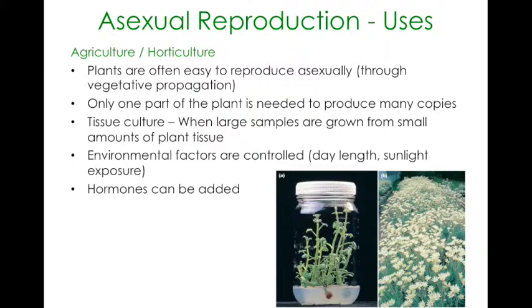So this is actually a tissue culture of a particular flower. They put a portion of it into a jar, and it's grown in this agar gel, and so the plant stays alive, so long as it receives the nutrients it needs. This is a backup of whatever that flower is, right?